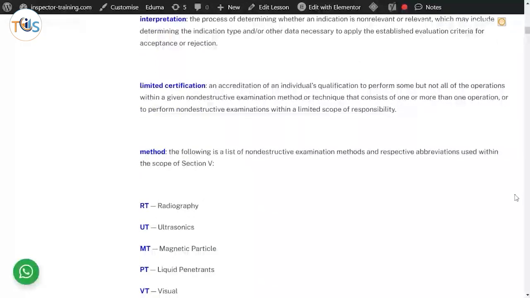Limited certification: every NDT method, including UT, has different techniques. For example, if somebody is only qualified to do a lamination check with a 0-degree compression probe, that's a limited certification in this sense, because he's only qualified to do 0-degree compression with a normal probe. He's not trained and qualified for angle beam or other NDE methods.